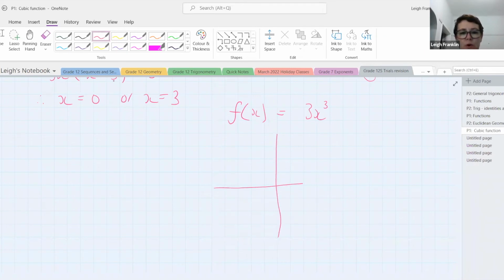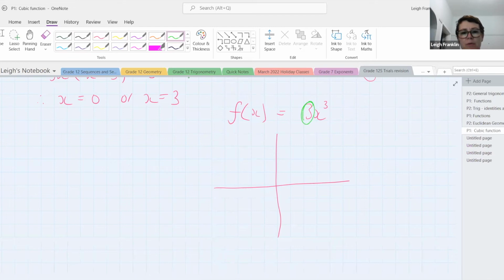I could just draw a quick sketch. Would it be concave down and then concave up, or concave up and then concave down? Any idea?